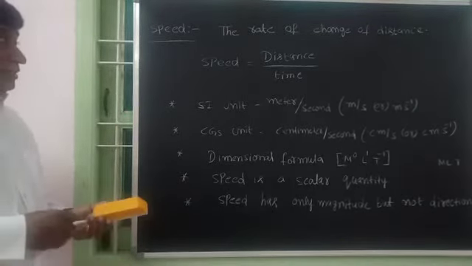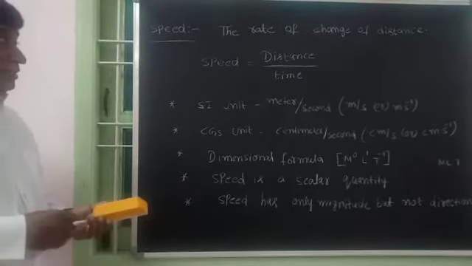If we want to know the speed at 8:30 a.m., that is the speed at that particular instant of time, which we call instantaneous speed.